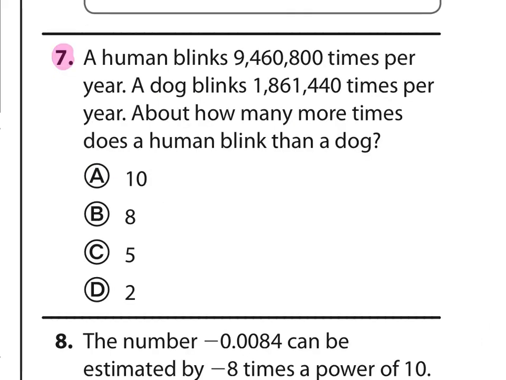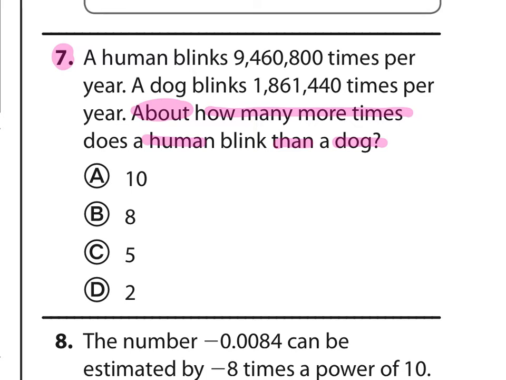Number 7, a human blinks 9,460,800 times per year. A dog blinks 1,861,440 times per year. About how many more times does a human blink than a dog? So first of all, we see about.